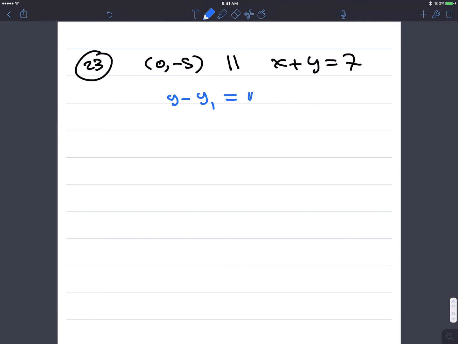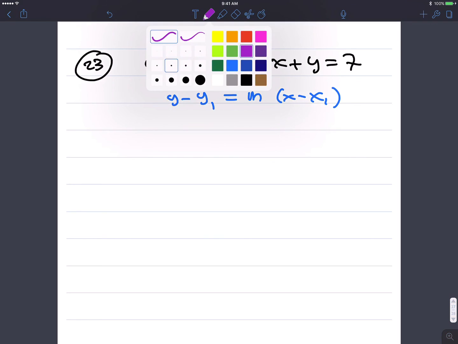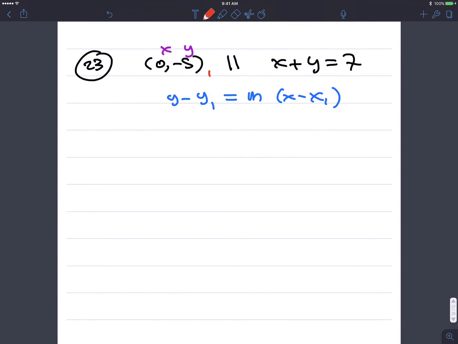Y minus y1 is m, x minus x1. We have an x coordinate and a y coordinate. X1 is 0. Y1 is -5. We just need the slope.